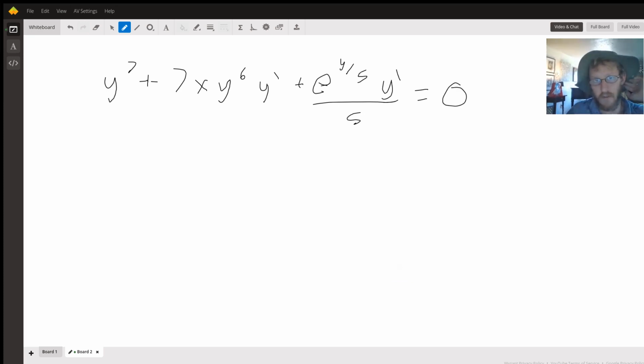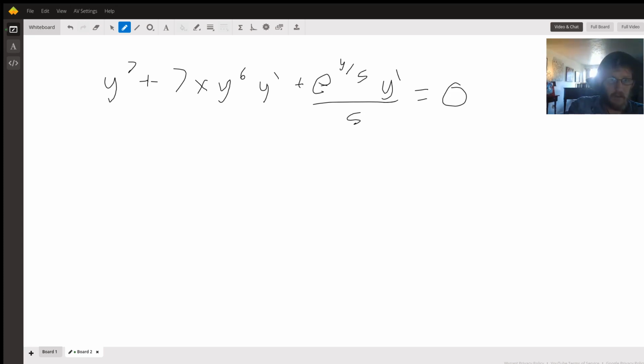I didn't take the derivative of the other side, but the derivative of a number, and e is a number, is 0. All right, so now before I do anything, I'm going to multiply by 5 just to get this out of the denominator here.